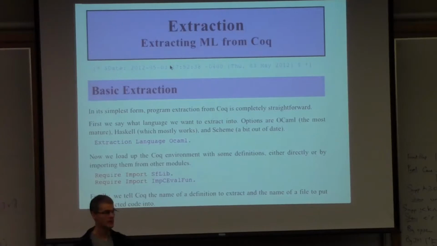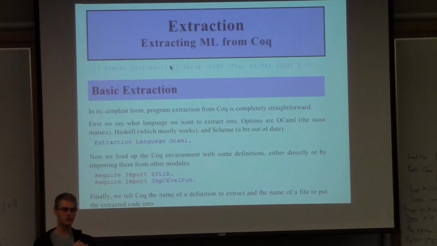But of course, if you trust the extractor, which is not verified, there are people working on that, but at the moment the extractor is a non-verified piece of code. But it's a pretty simple piece of code, and you can audit it yourself and see what it's doing. It's not too hard to understand.